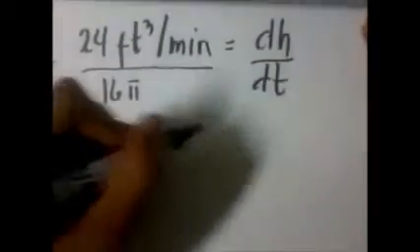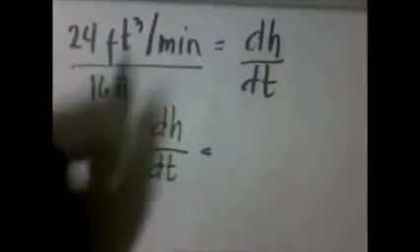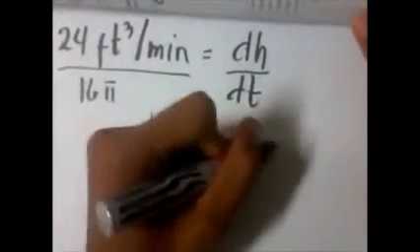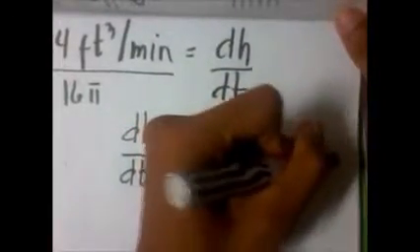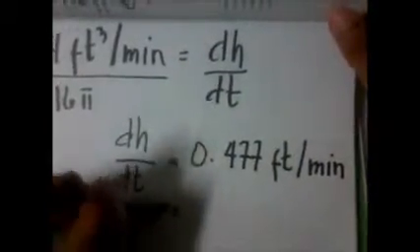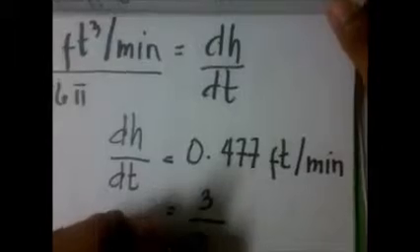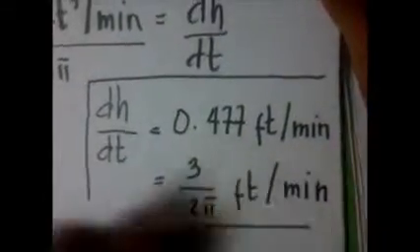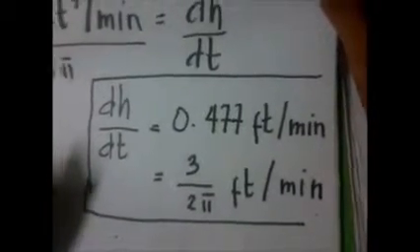Then our dh/dt is equivalent to 0.477 feet per minute, or 3/2π feet per minute. This is our dh/dt. This is the rate at which the water level is rising.